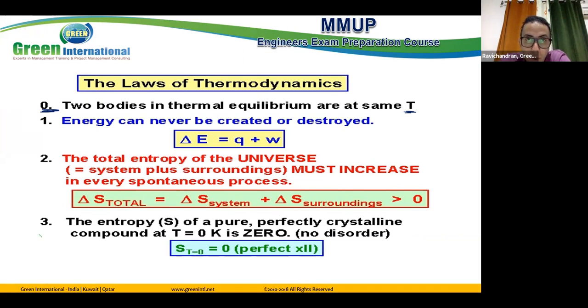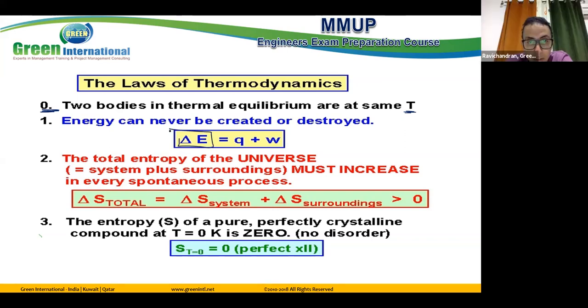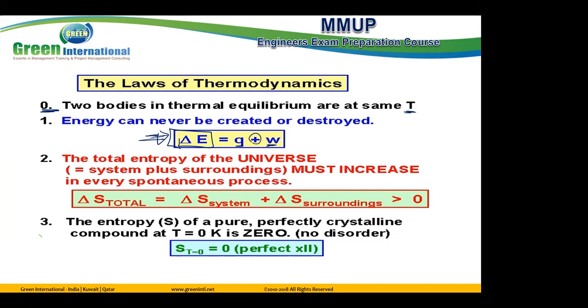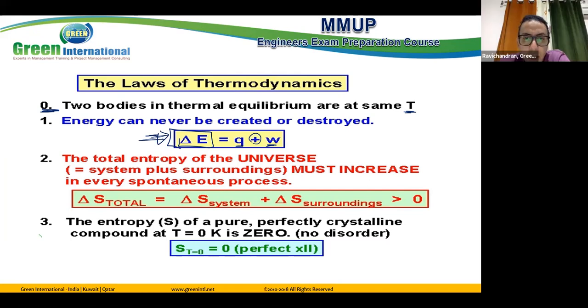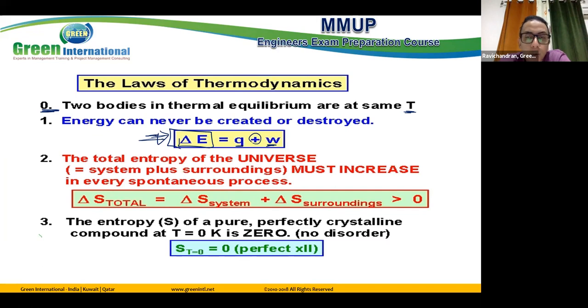The equation for this one is a famous equation, used a lot. What is this equation? Delta E, the change of internal energy, is equal to Q plus work. In some textbooks or on the internet, the sign is minus, but actually it's not important to me, positive or negative, because at the end Q can be classified positive or negative according to whether it is into the system or out of the system.